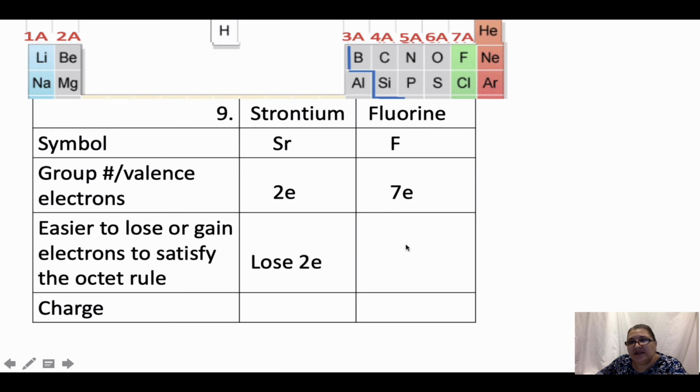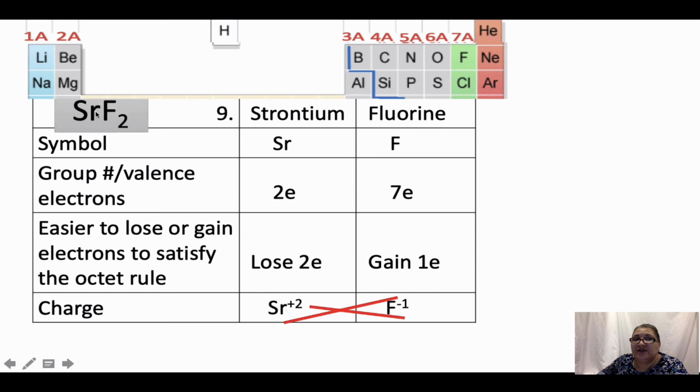For fluorine, it's easier to gain 1 than lose all 7. So when you lose 2, it becomes positive 2. And fluorine becomes negative 1. And then we do the crisscross. So it takes 2 fluorine for every strontium. Right? I think we have one more.